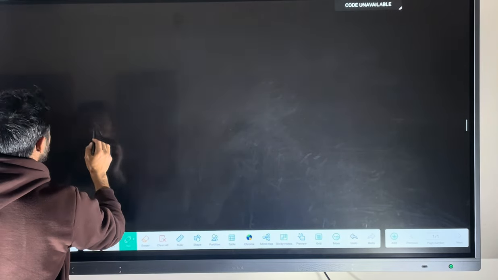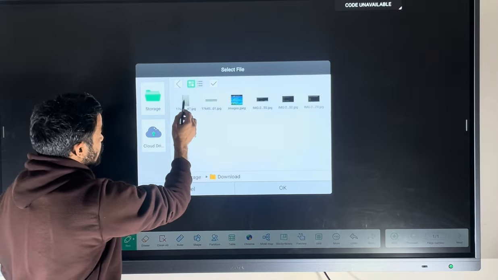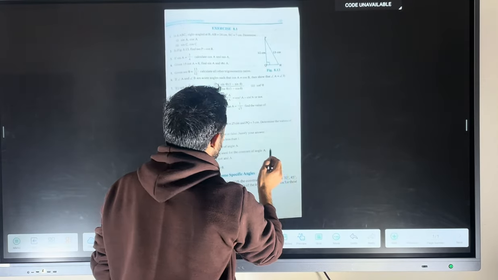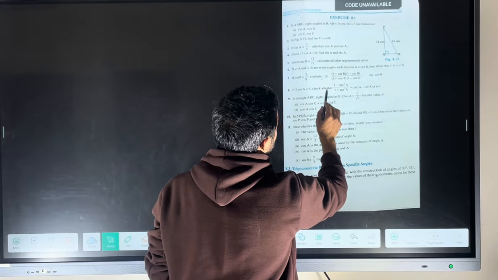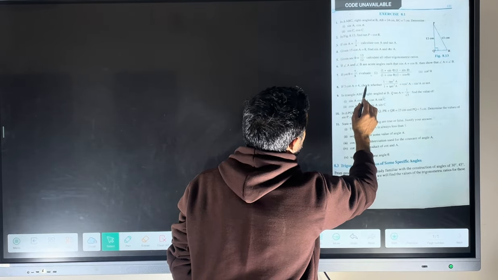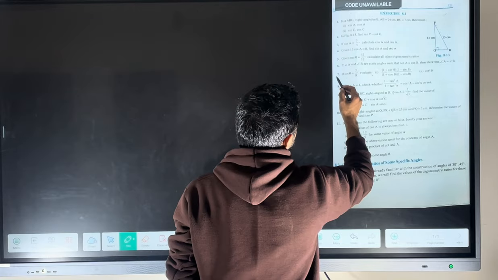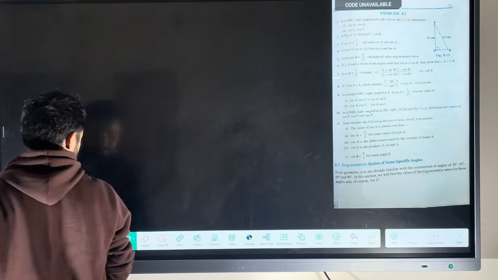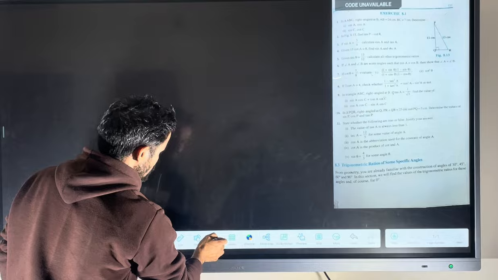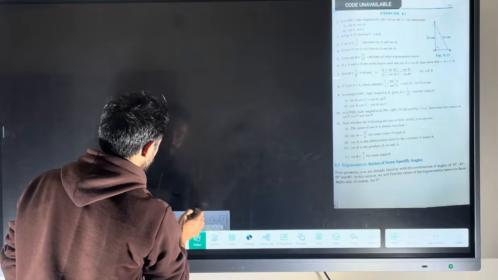Now import this image. So we will do question number 7. So first make a triangle.